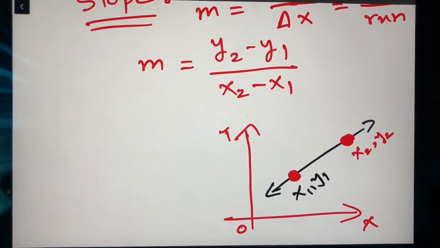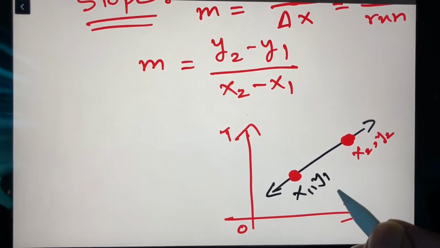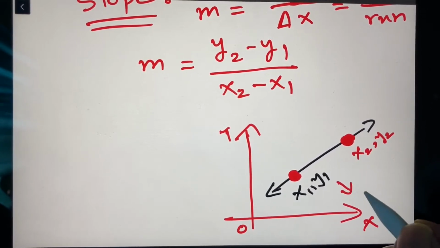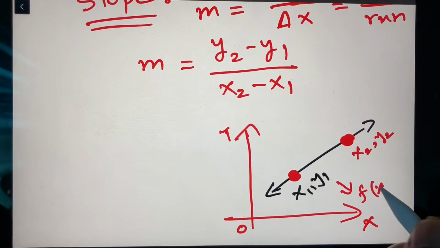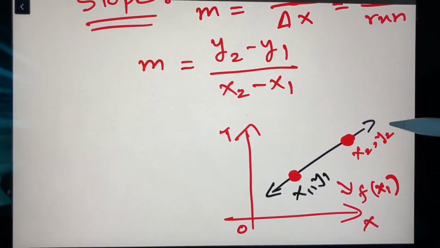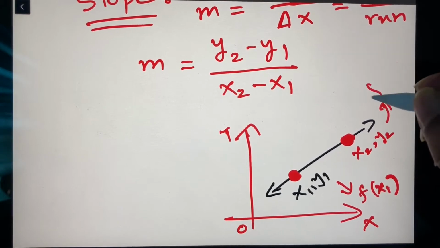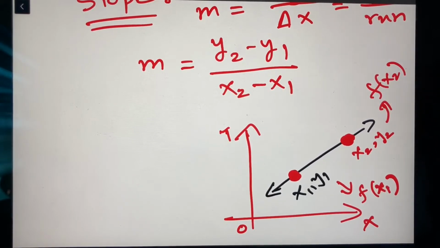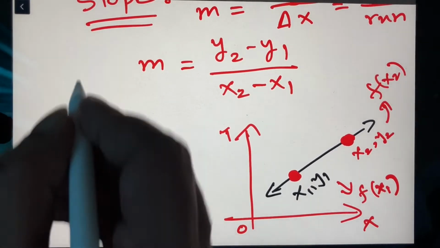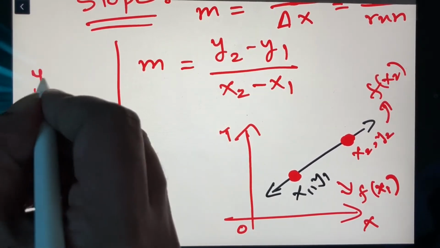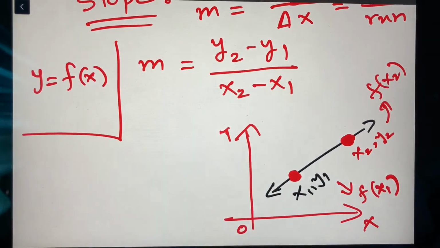One more thing. Instead of writing y1, we can actually write f of x1. Instead of writing y2, we can write f of x2. Why can we do that? Because remember, our y is equal to f of x, right?